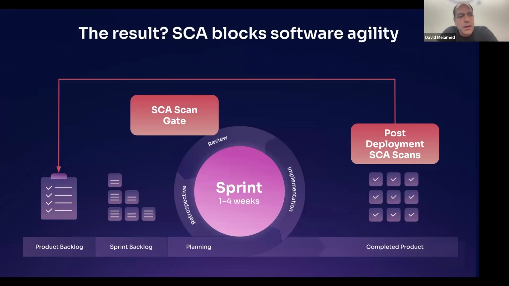But the biggest issue is with post-deployment SCA. Since any day there can be a new CVE on an existing package, you need to run your SCA scanner every day.